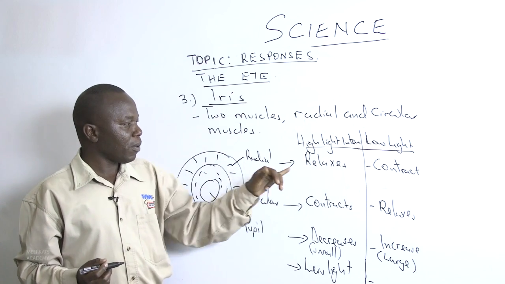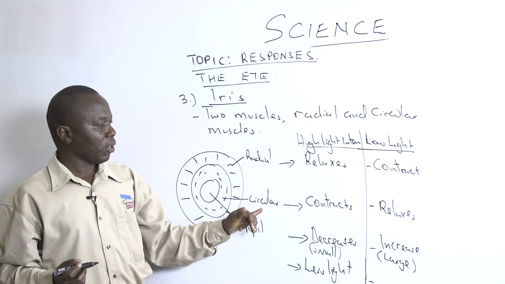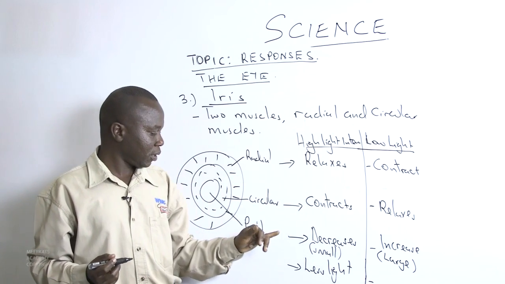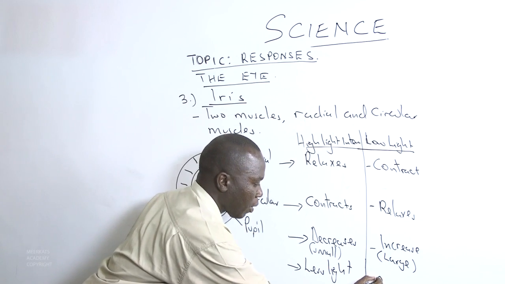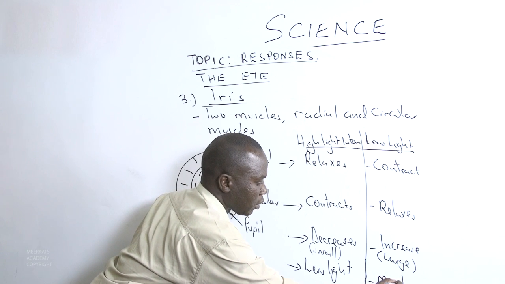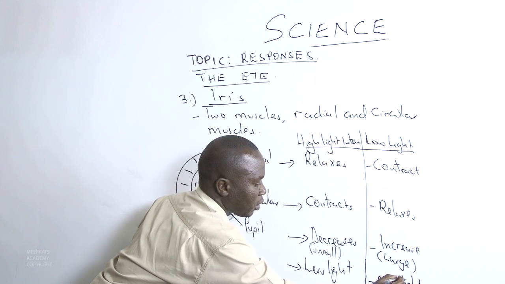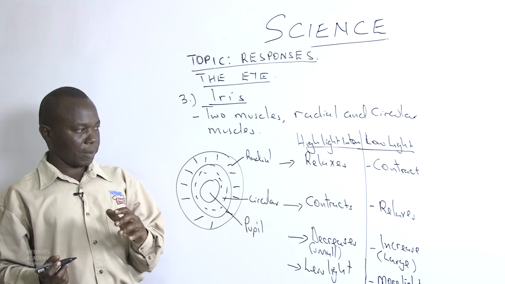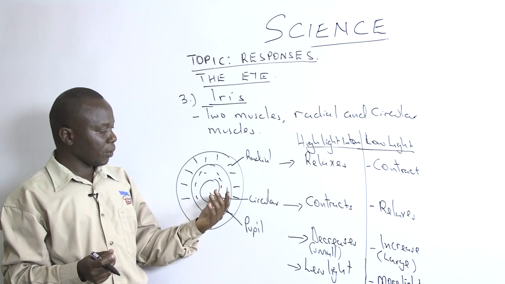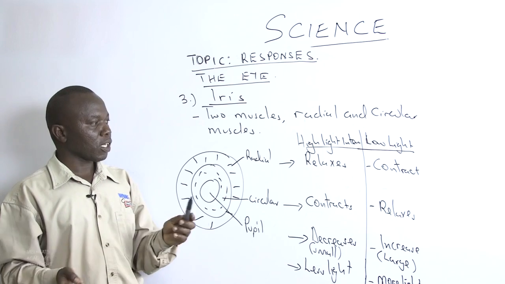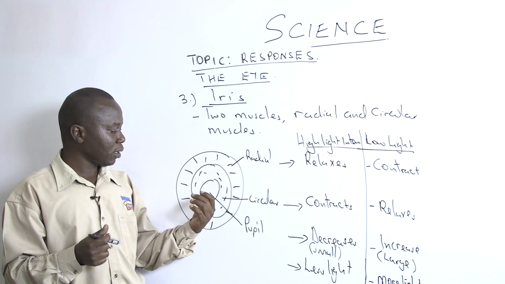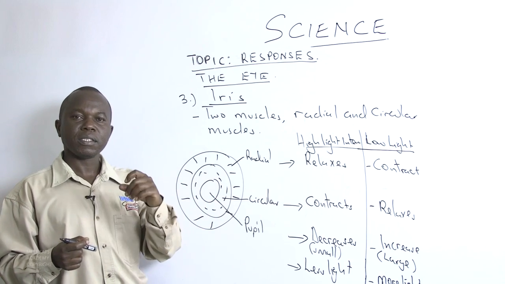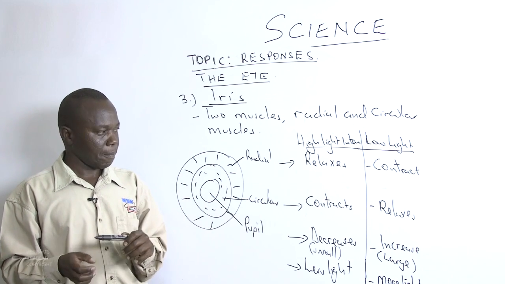The radial muscles contract, circular muscles relax, the pupil increases in size, allowing more light to reach the retina. So in the process, it has regulated the amount of light getting through the iris to the retina.